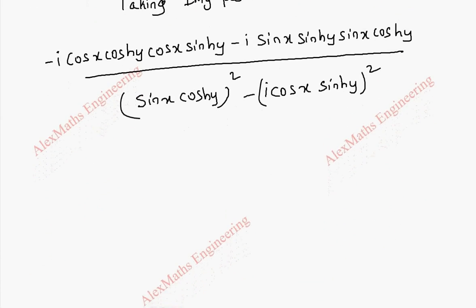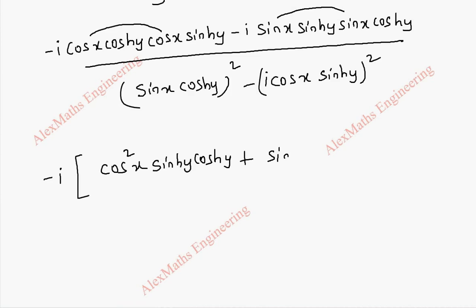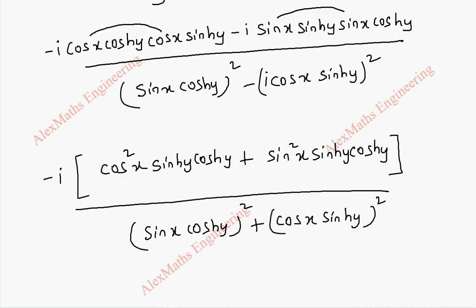So now we take minus i common, open bracket, this becomes cos square x and sinh y cosh y plus this becomes sin square x, and we get sinh y cosh y, whole division, this becomes sin x cosh y whole square, i square is minus 1, so we make plus cos x sinh y whole square.